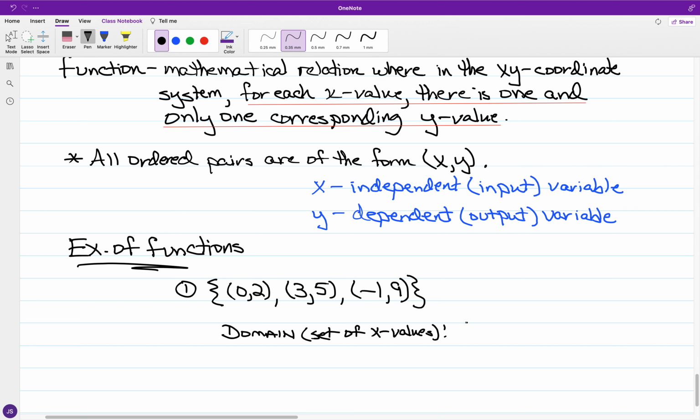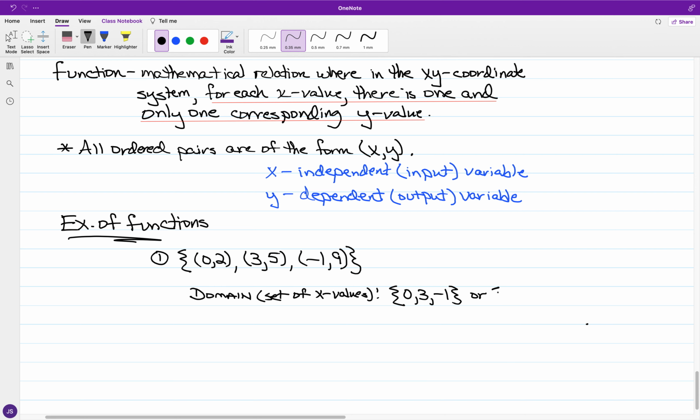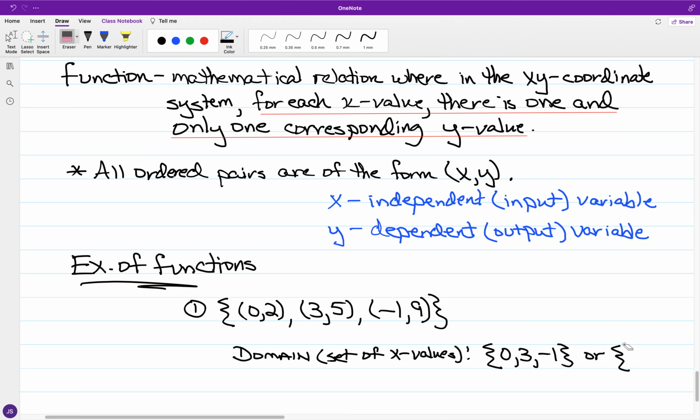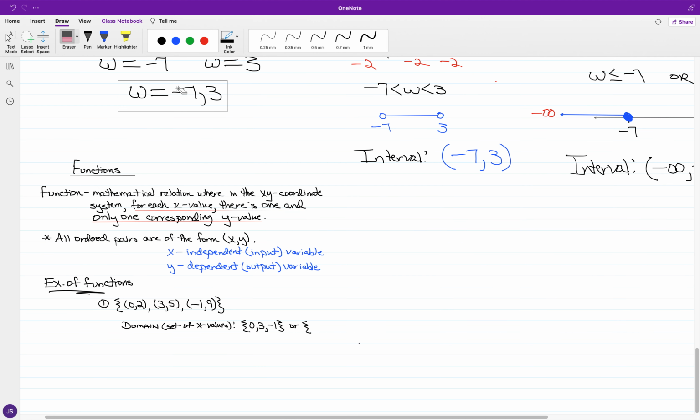So you have the set of numbers 0, 3, and -1, and as long as you have those three elements, you have the right values for the domain. And you can put those in most any order. So you have 0, 3, -1.